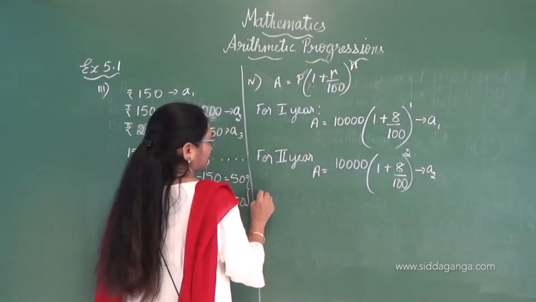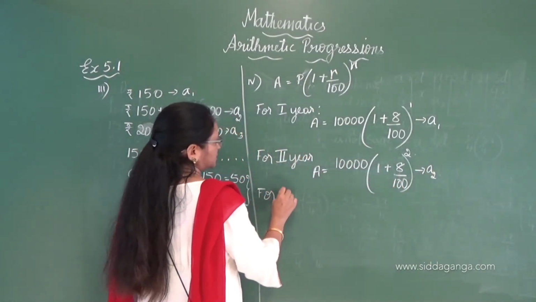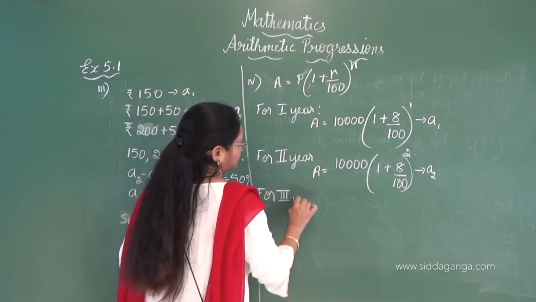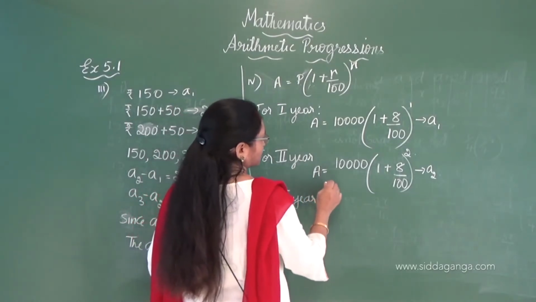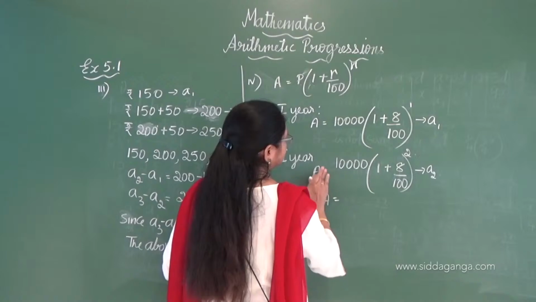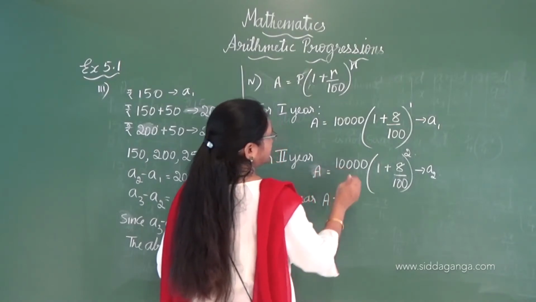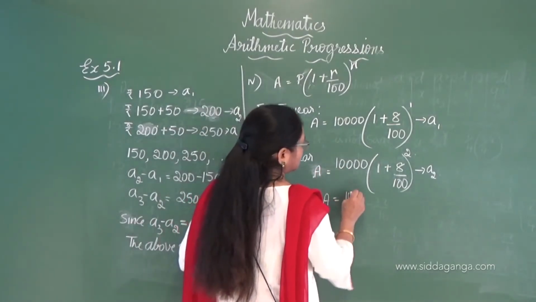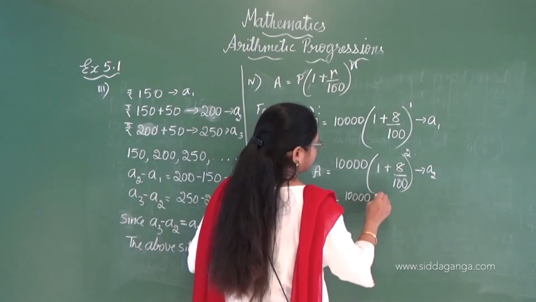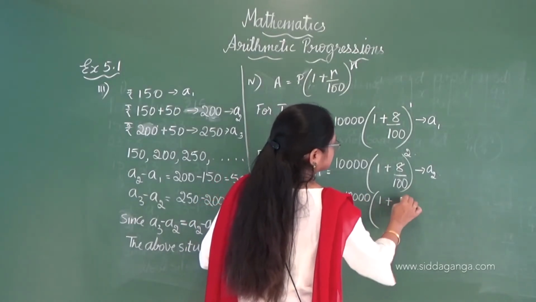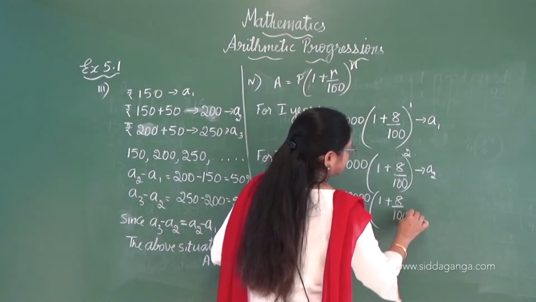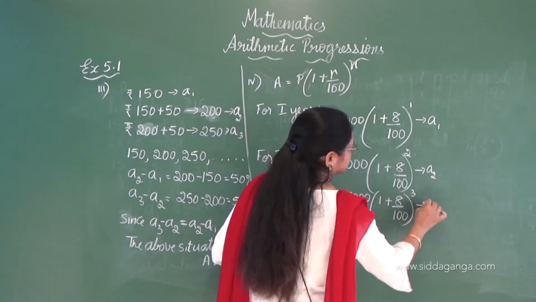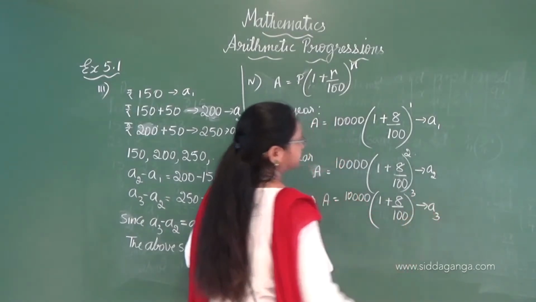One more we will find out for the third year. So, A will be equal to, this equal sign should be clear, A is equal to 10,000 into 1 plus 8 by 100 to the power of 3. So this is our A3.